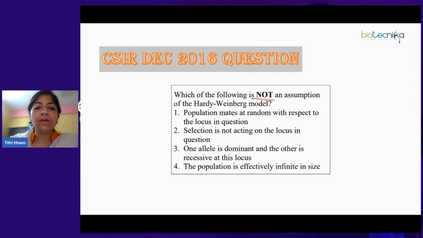Yes, would anyone like to answer? This is very easy. In fact, this was a part B question. Quickly, can I have some answers from you? You have to choose the option which is not an assumption of Hardy-Weinberg model.